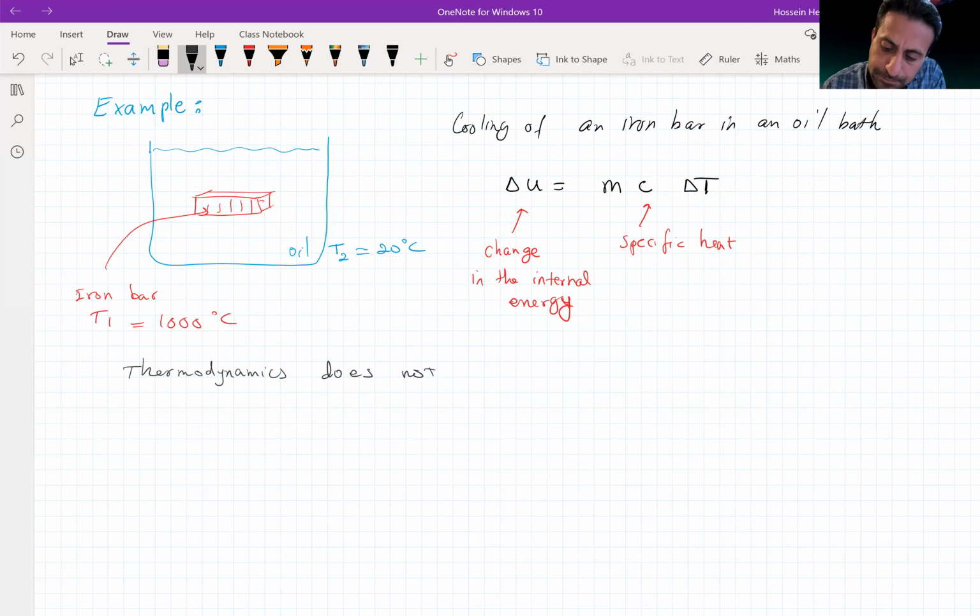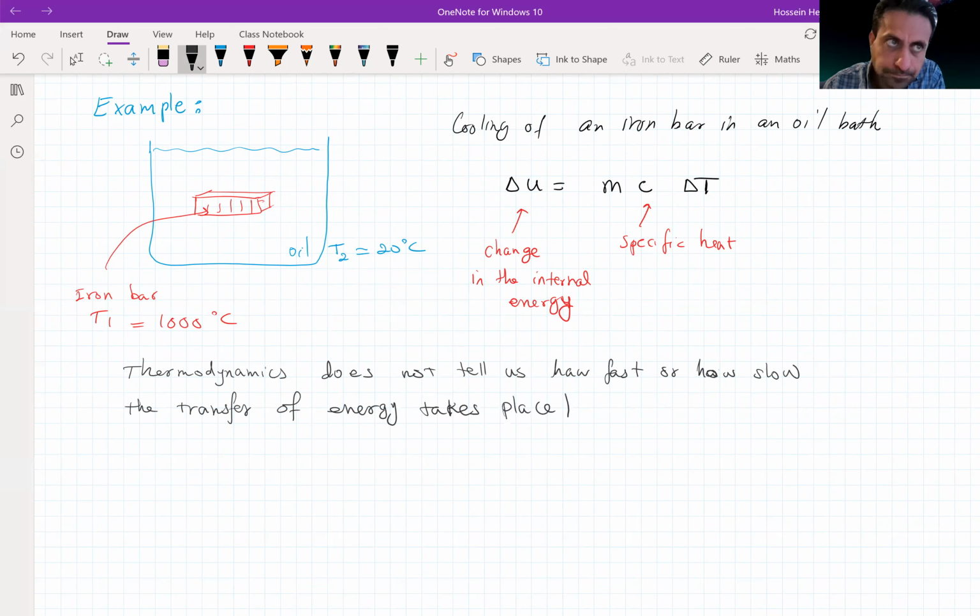does not tell us anything about how fast or how slow a process can take place.